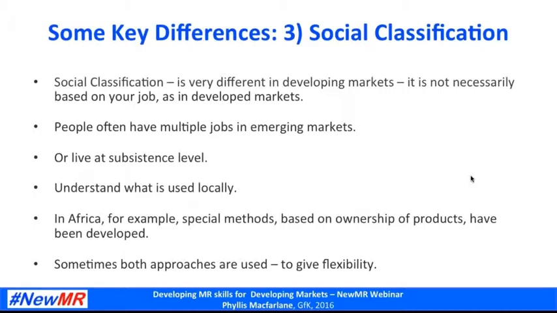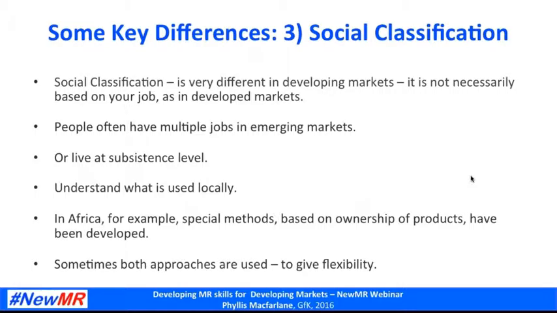The third key difference is social classification. You probably don't think about it in a developed market, but it is different in a developing market, because it's not necessarily based on your job as it is in developed markets. People very often have multiple jobs in emerging markets, or they may live at subsistence level.